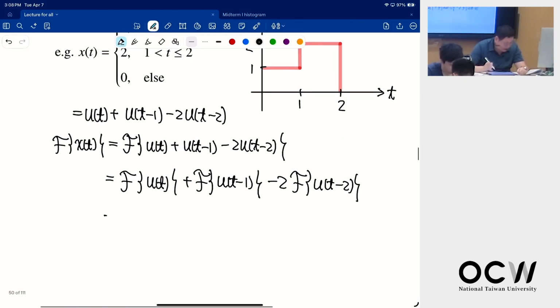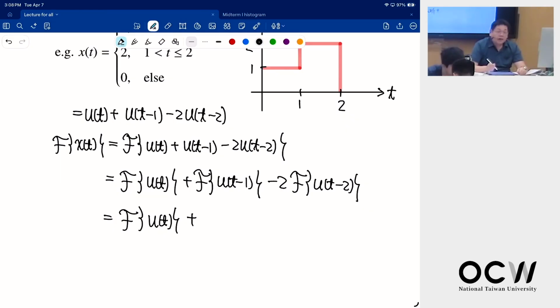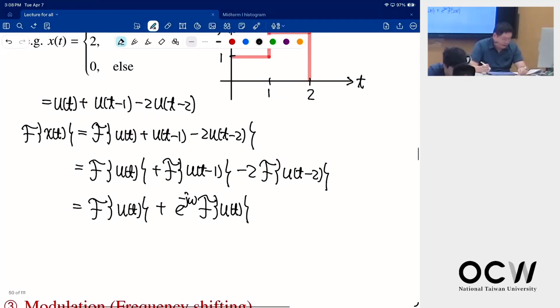Now, if I have a shift in time, what happens in frequency domain? The magnitude is still the same, which means that's the Fourier transform of the unit step function. But the phase changes. So here I have a phase change e to the minus j omega. Similarly, the magnitude is the same, but here I shift by 2.